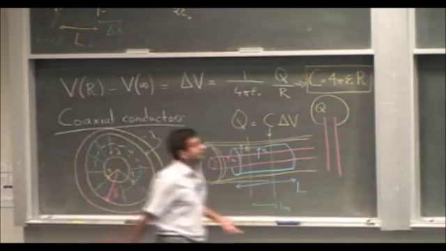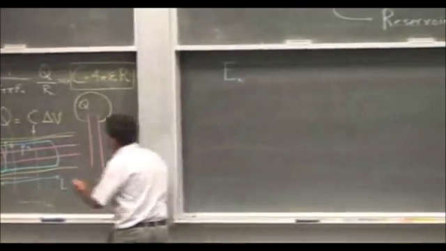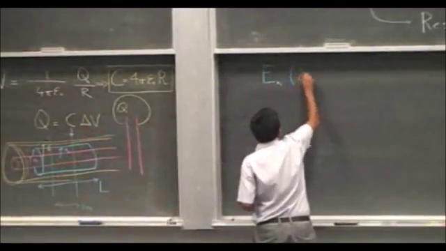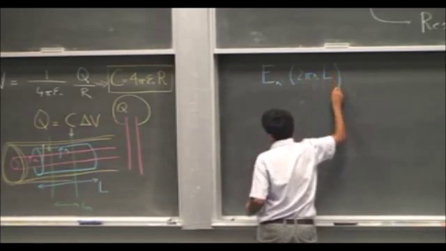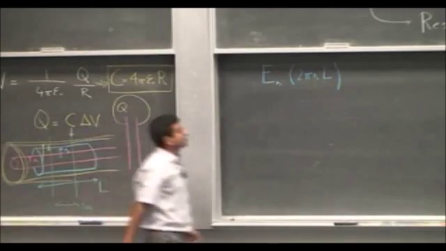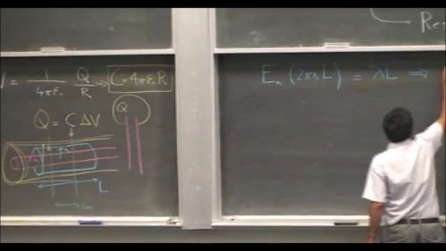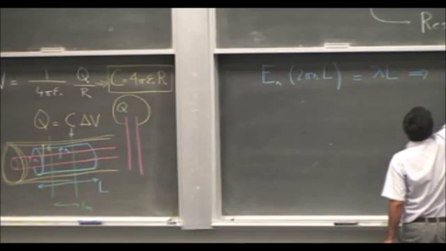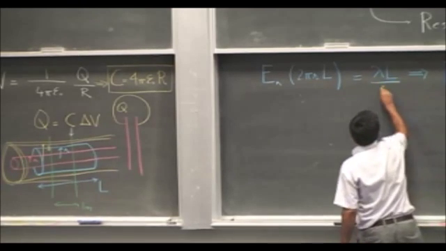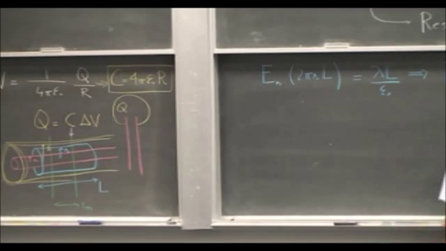So the electric field, say it's E_r, into the total curved surface area of this cylinder, 2 pi r L, equals the charge enclosed, and it just encloses the positive charge. The amount of charge that's enclosed is lambda L, which means that the electric field, which is pointing radially outward, is lambda over 2 pi epsilon naught r pointing radially outwards.